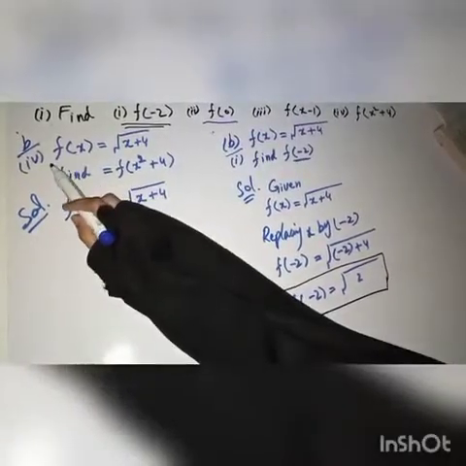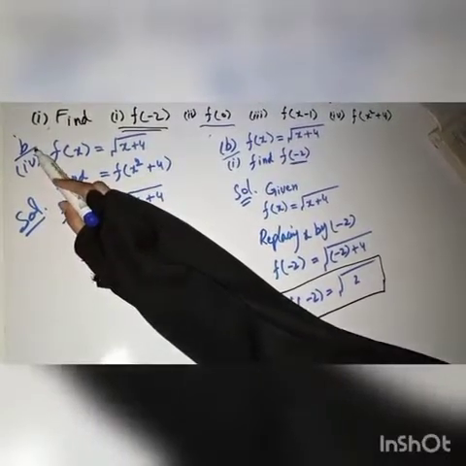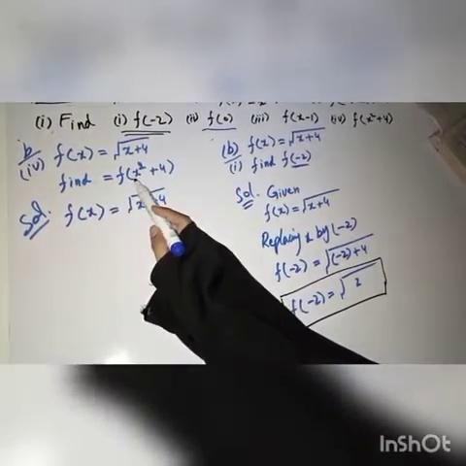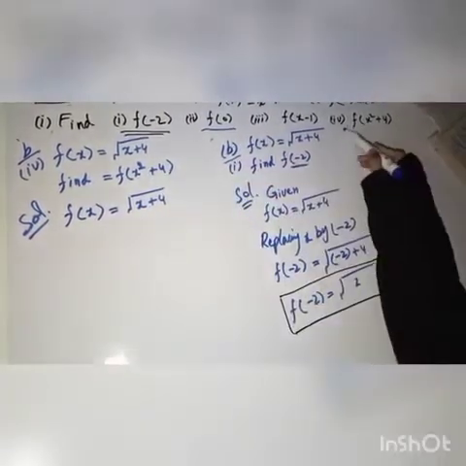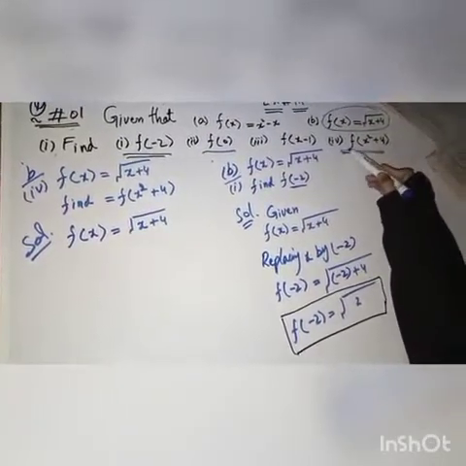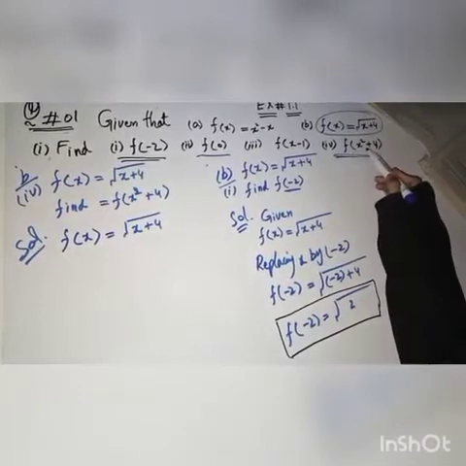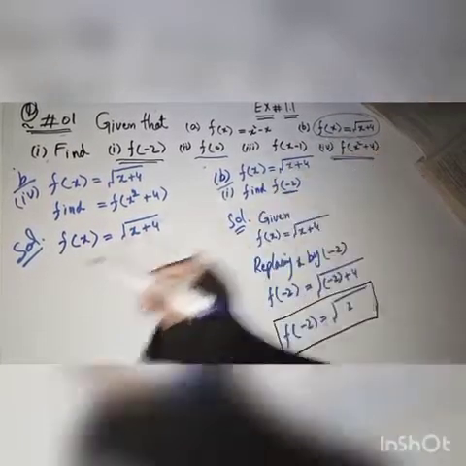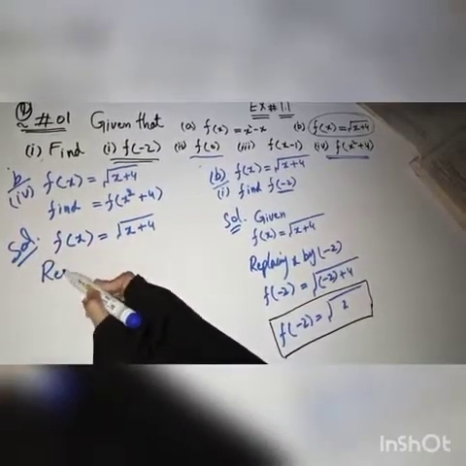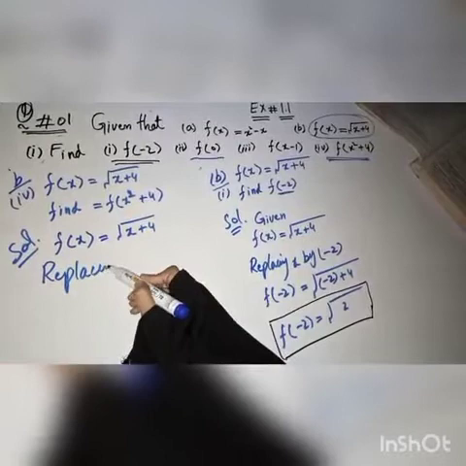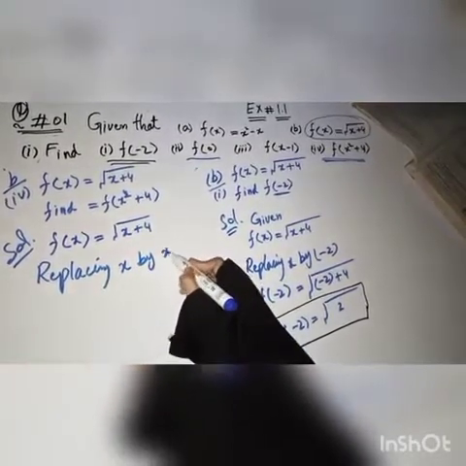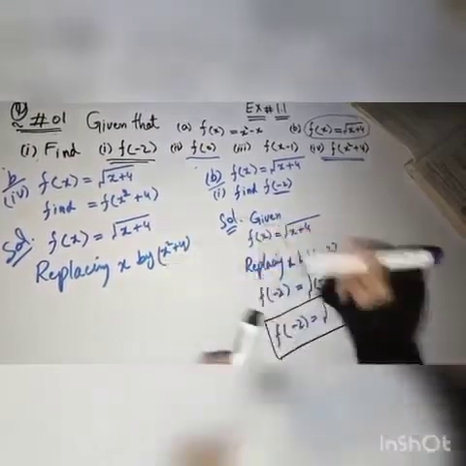Now I am solving fourth part for B, that is f of x is equal to under root x plus 4, find f of x square plus 4. This is B part, and I am finding the value of f of x square plus 4 for this function of x. F of x is equal to under root x plus 4, replacing x by x square plus 4 by this term.